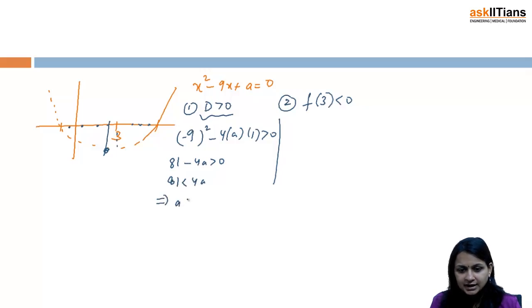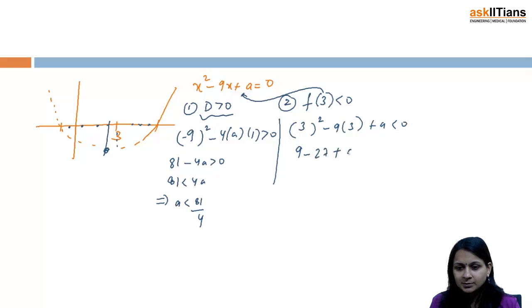This implies a will be less than 81 by 4. Okay, f of 3 less than 0. So I'll put x equal to 3: 3 square minus 9 into 3 plus a less than 0. So 9 minus 27 plus a less than 0, or a less than 18.